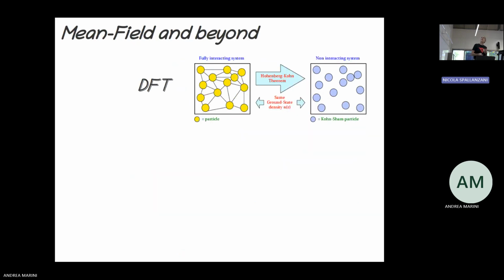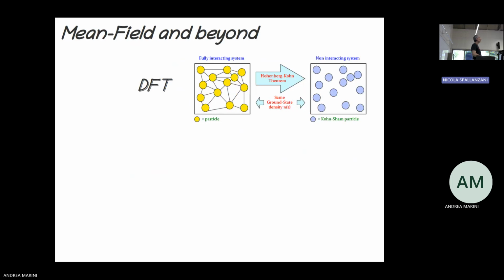Okay, so at this point we can already draw parallels, and we will do it more in the lecture, with density functional theory. In density functional theory, you are interested in the ground-state density. As was made clear yesterday, in DFT the only thing you can hope to calculate exactly is the density, nothing else.